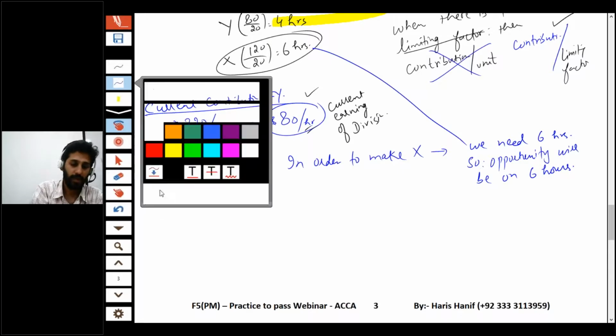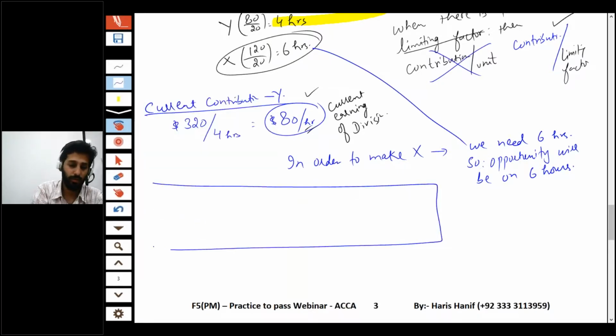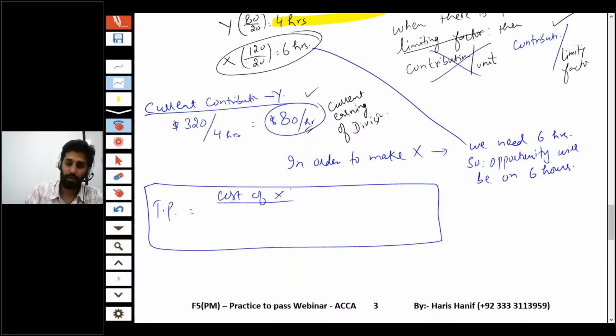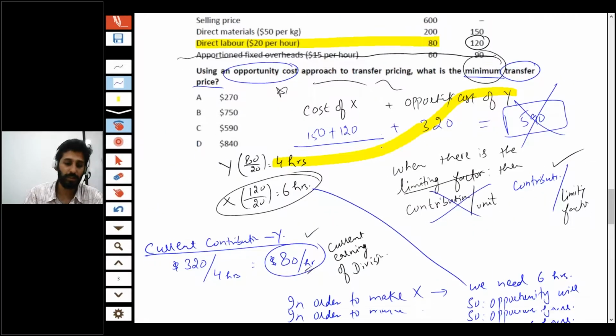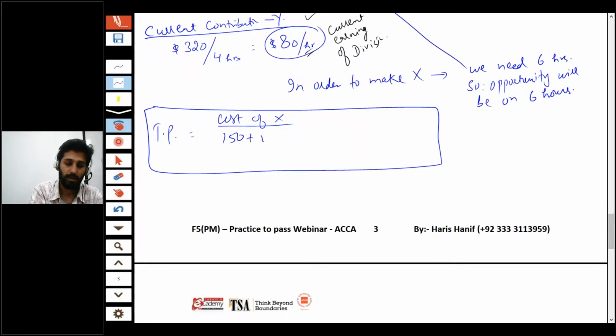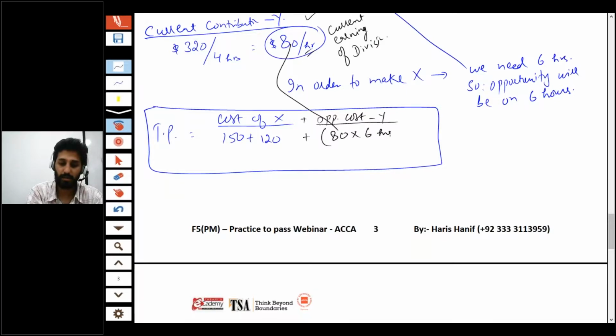So my relevant cost would be the cost of X, which was absolutely right: 120 plus 150, plus the opportunity cost for Y, that is 80 multiplied by 6 hours, and that would be the final answer.